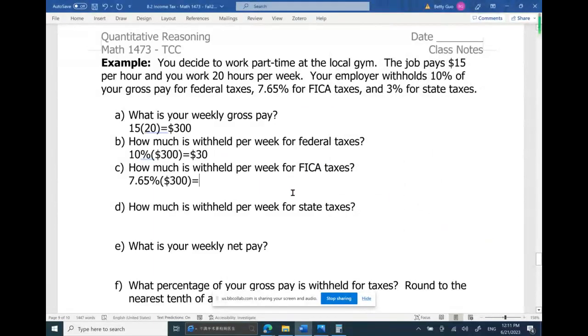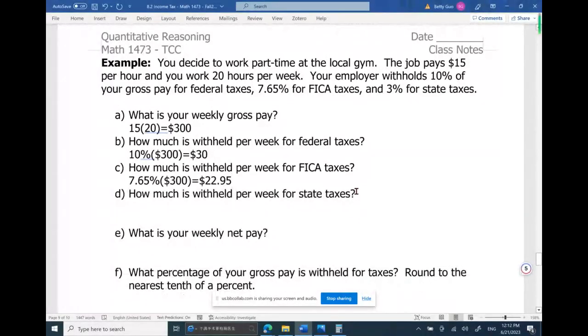That is $22.95. That's how much money your employer will withhold for the FICA. And you don't have that much money to spend, by the way.